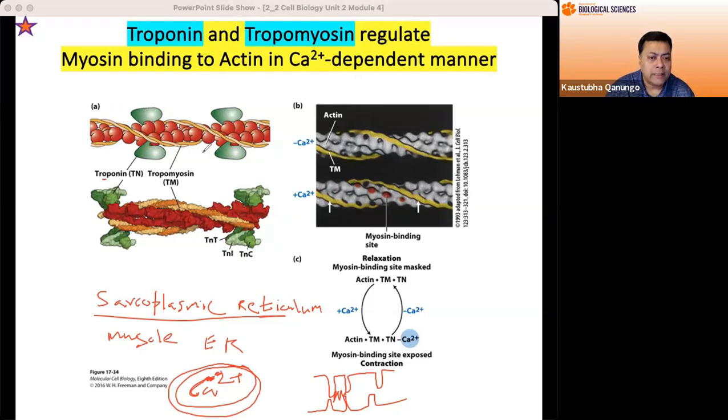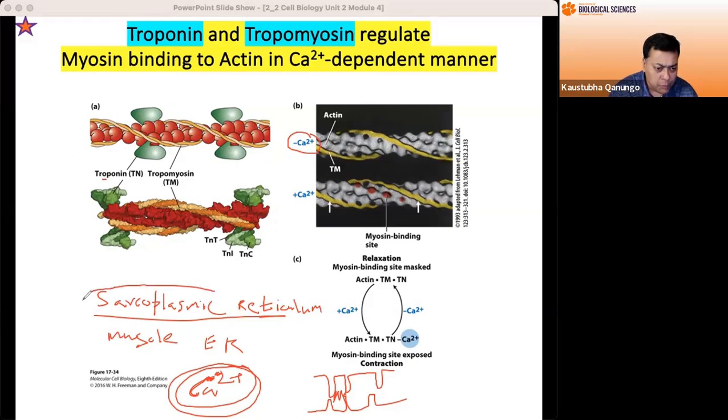When the muscle is in a relaxed state and there is no nervous intervention to contract that muscle, the tropomyosin covers the binding site of the myosin. See that these red things are the binding sites of the myosin. In a normal condition, without calcium, the tropomyosin covers these myosin binding sites.